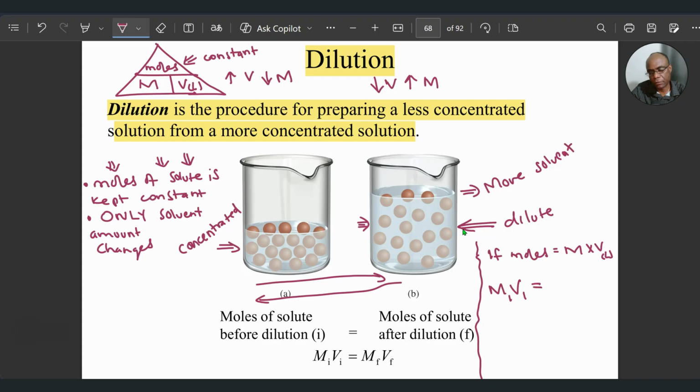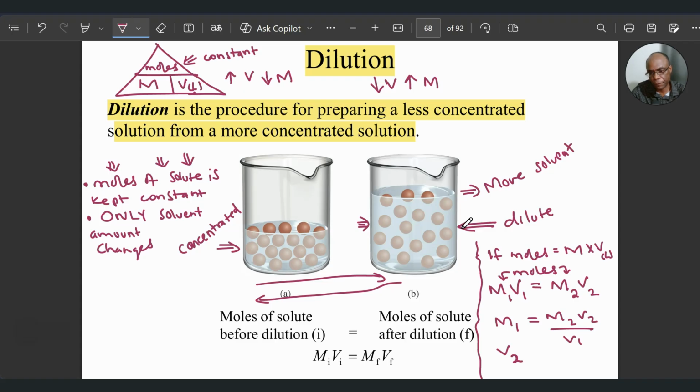M1V1, that is initial concentration times initial volume, must be equal to final concentration times final volume. Both of these should give you the same number of moles because you are keeping it constant. So we can find whatever we're looking for here. If I'm looking for initial concentration, it's going to be final concentration times final volume divided by initial volume.